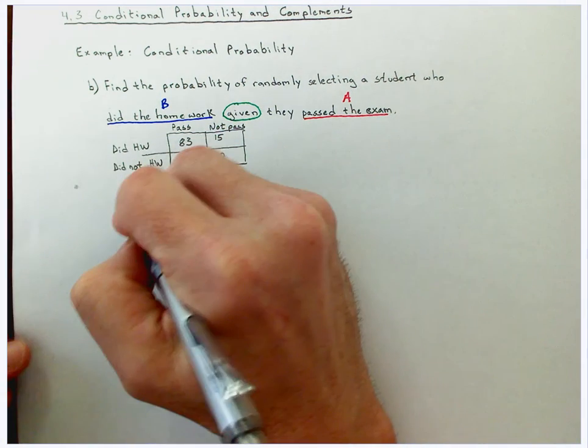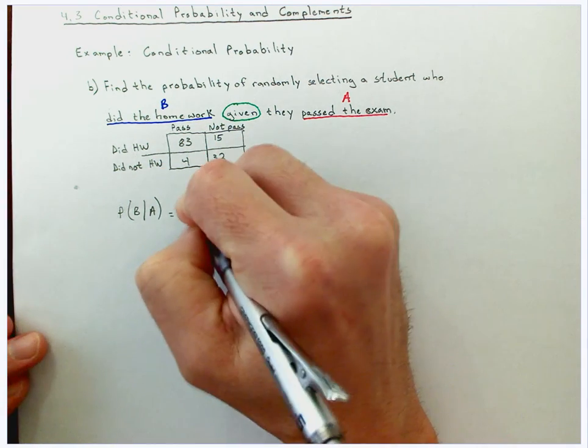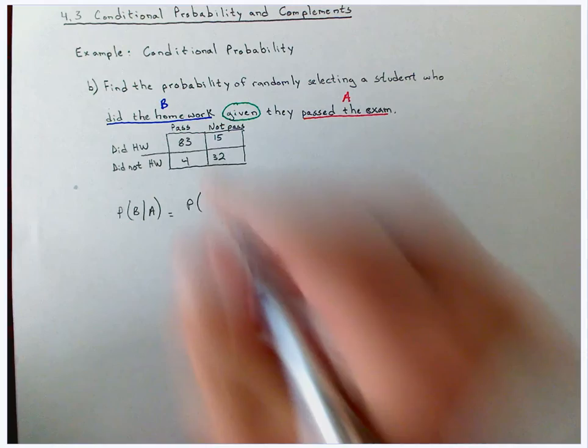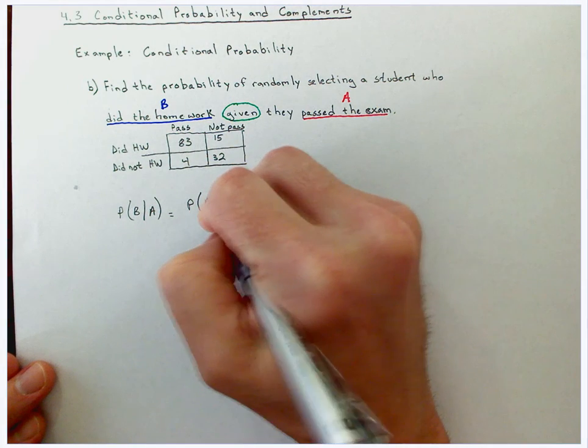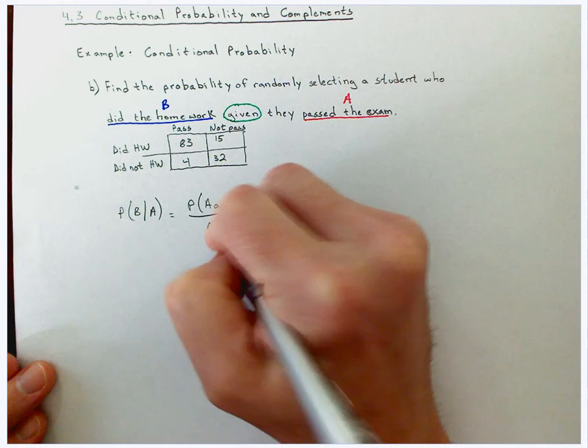So the probability of B given A equals the probability of A and B over the probability of A.